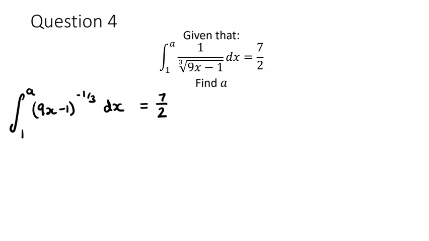Again, you might have quicker ways of getting here, but I'm going to do a kind of trial and error, but with a bit more logic than just randomly guessing numbers. We've got 9x minus 1 to the power of minus a third. Let's try that with a higher power, a power that's been raised by 1. So minus a third plus 1 is 2/3.